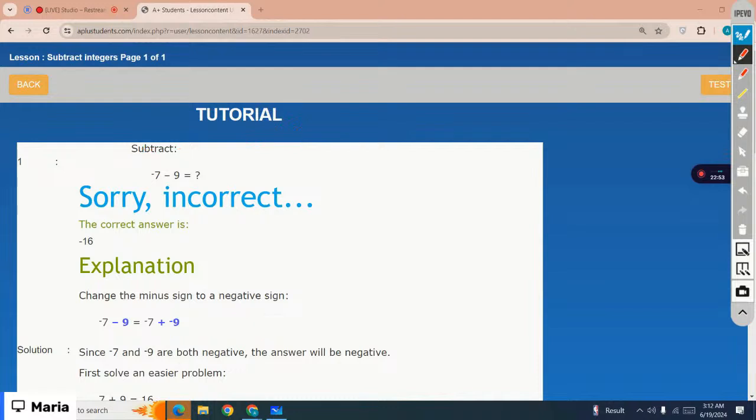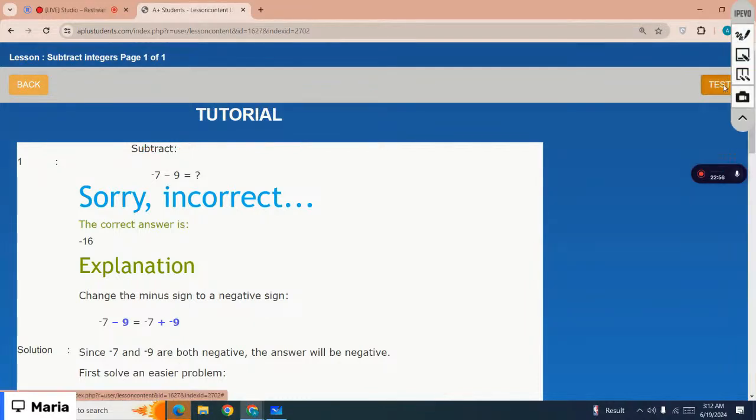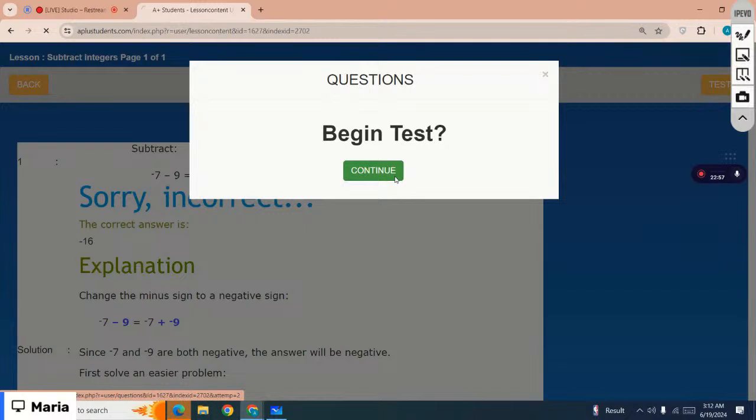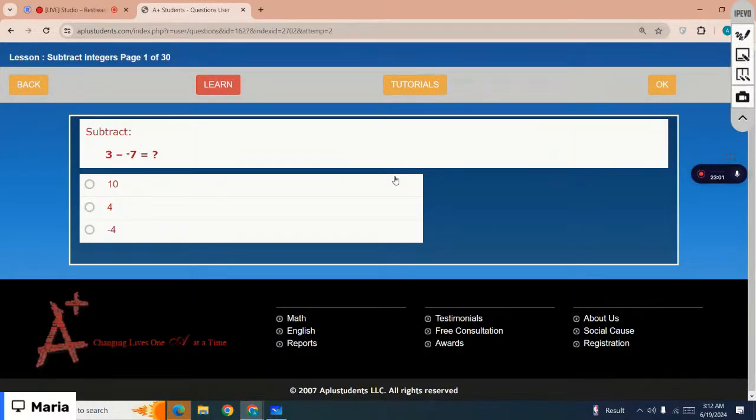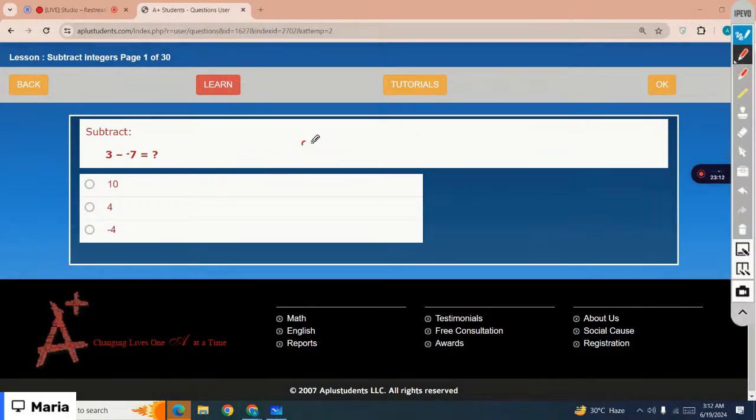Let's start with the practice questions. 3 minus -7. Subtracting a negative integer is the same as adding. So you have to do 3 plus 7. Got it? The correct option is 10.